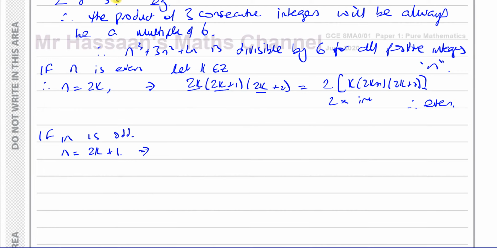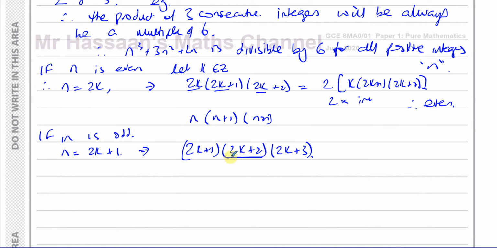Okay, and if n is odd, let's take it for 2k plus 1. We have n, which is 2k plus 1, times n plus 1, which is 2k plus 2, times n plus 2, which is 2k plus 3. Remember, it's n plus 1, n plus 2. So that's 2k plus 1, 2k plus 1 plus 1, 2k plus 1 plus 2.